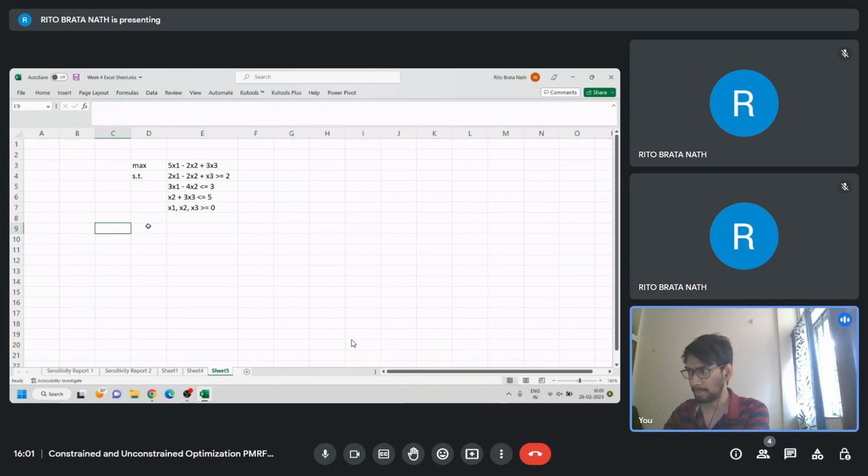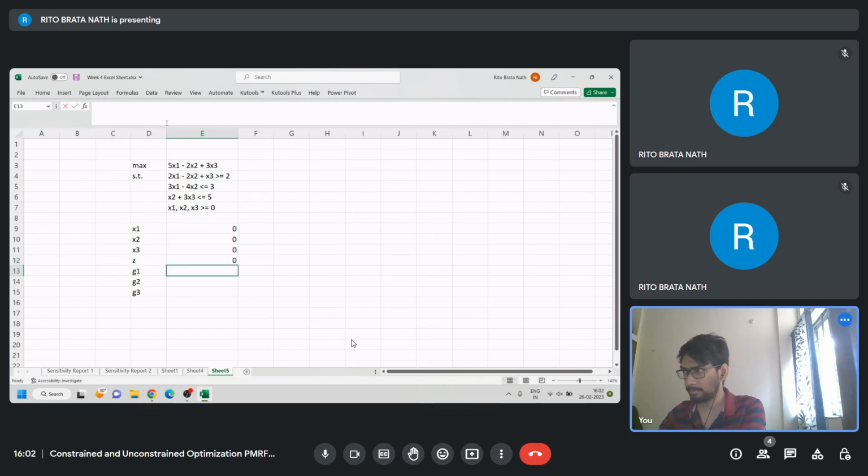So first, as before, I'll write down the objective. But first it's the variables. So this is x1, x2, x3, z, g1, g2, g3. Okay, set these to zeros at first. So it's 5 times, oh, you have another, right? So it's 3, so it's x3, z. Okay, so now you can write down 5x1 minus 2x2 plus 3x3.